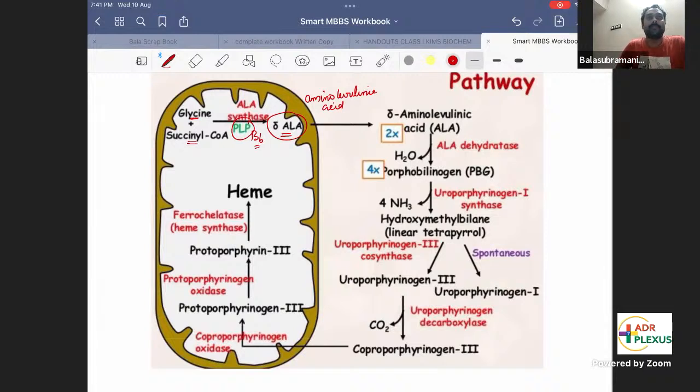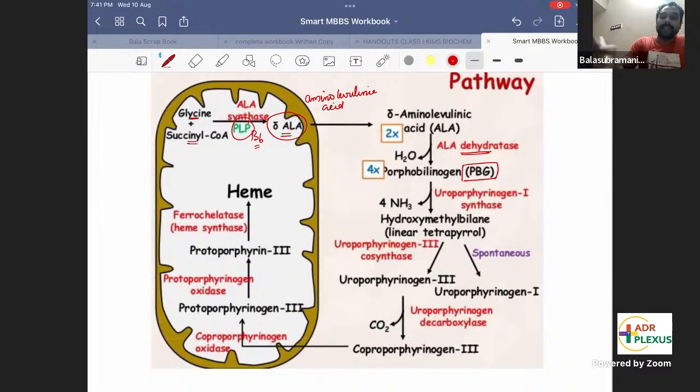So delta aminolevulinic acid, otherwise called ALA, comes to the cytoplasm. Once it enters the cytoplasm, a water molecule is removed by an enzyme called ALA dehydratase. So this ALA is now converted into a compound called porphobilinogen.